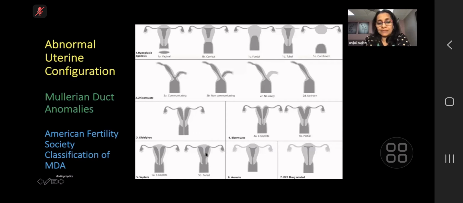Now, how do you differentiate between didelphys, bicornuate, and septate uterus? So here comes the key factor. It's the fundal contour, external uterine fundal contour, that decides which is which. So if you look at didelphys uterus, you can see the external contour, it just dips in.